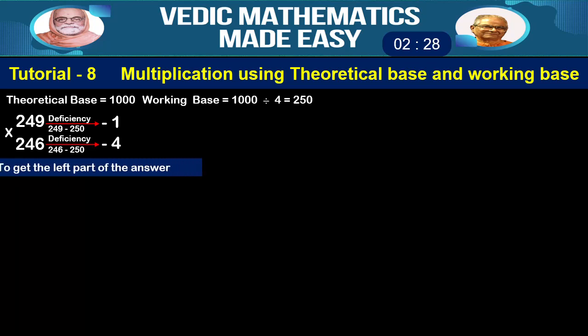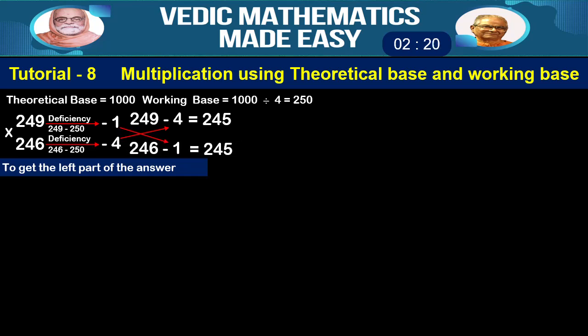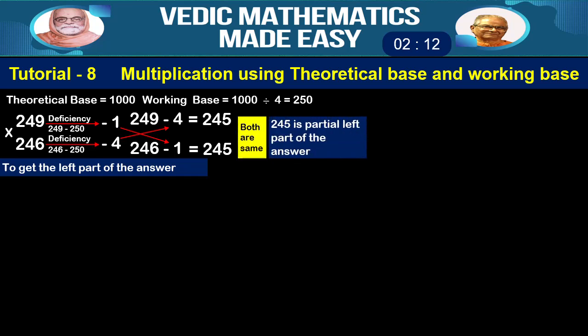To get the left part of the answer, 249 minus 4 is equal to 245 and 246 minus 1 is equal to 245. Both are same. 245 is the partial left part of the answer.